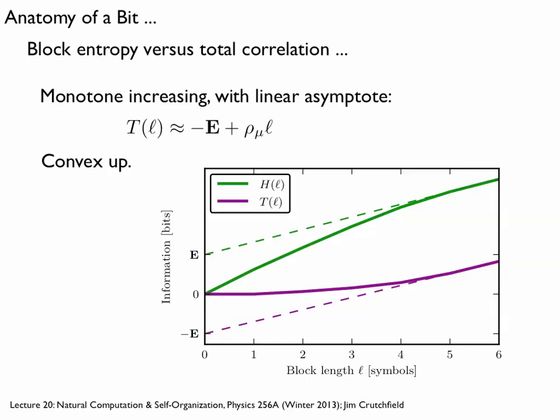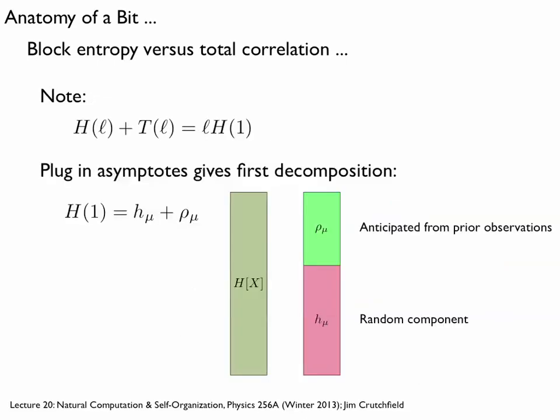So why do this? Well, it's very easy to calculate word distributions and block entropies like this. We can pull out these different quantities. And that leads to the first decomposition that I mentioned. If you go back to the definitions, block total correlation had a minus h of L in it.